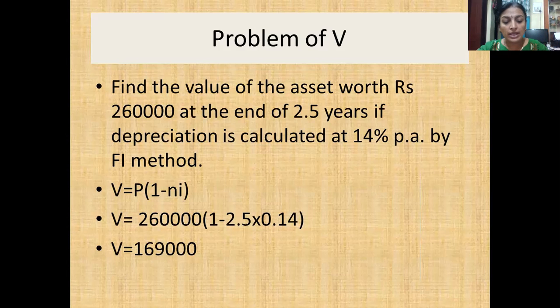So here we have to take 2.5 into 0.14. That should be done first, then it should be deducted from 1. Then that value should be multiplied by 2,60,000, and the value you will get is 1,69,000. So this is how we have to calculate the V, or the value.